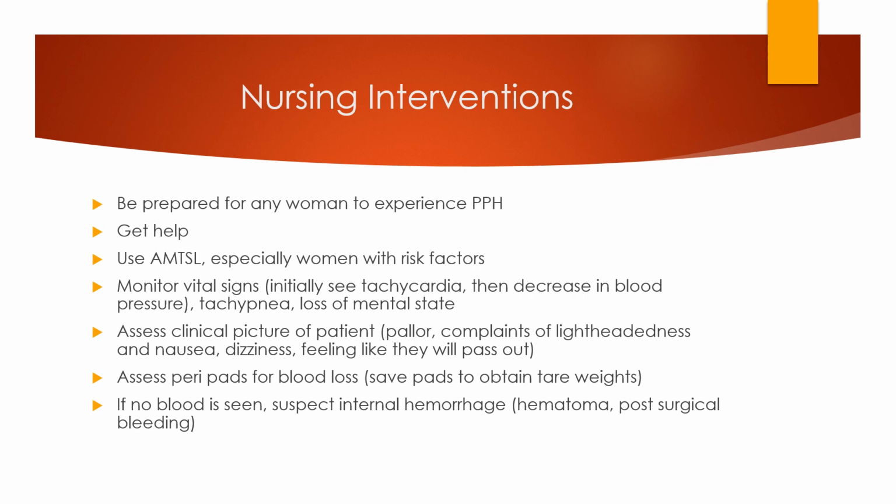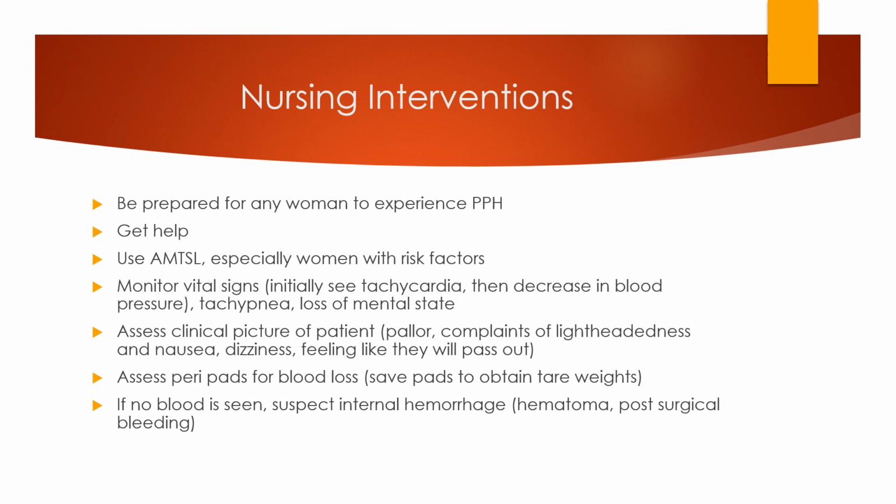Assess the clinical picture. What are they telling you? Do they tell you they feel bad? Do they feel lightheaded? Do they feel like they're going to pass out? Are they telling you they think they're going to die? These are all bad things, and you've got to pay attention to what they're telling you, because nine times out of ten, if they have nausea, dizziness, they feel like they're going to pass out, they have a very low blood pressure.